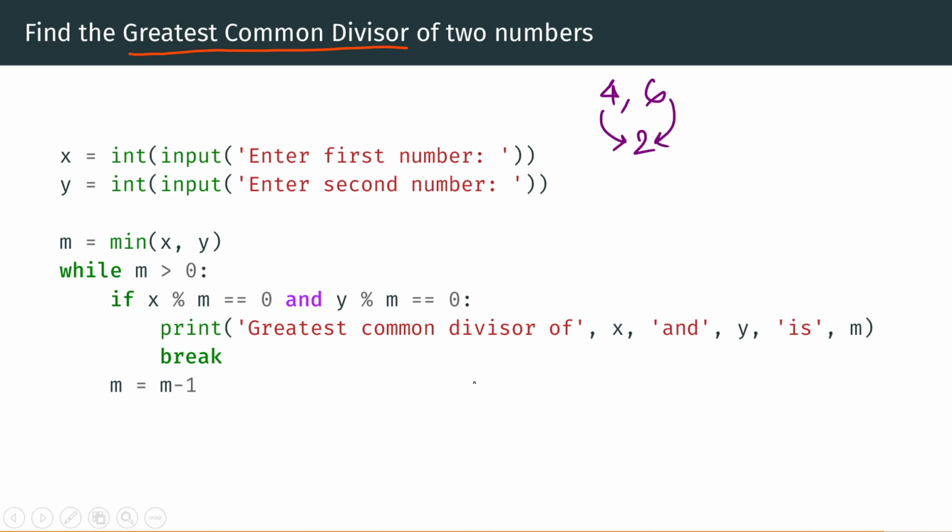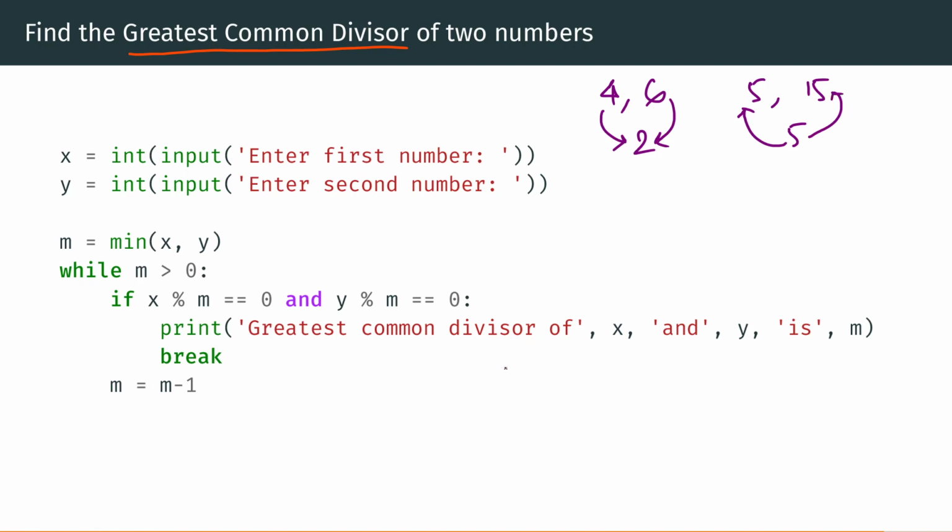Let's take two other numbers, like 5 and 15. The largest number that divides both of these two is 5, because 5 divides 15, right? 5 is divisible by 5, 15 is also divisible by 5.